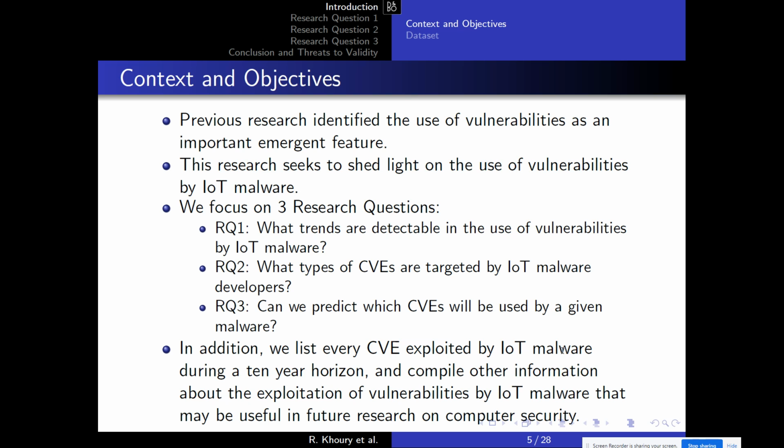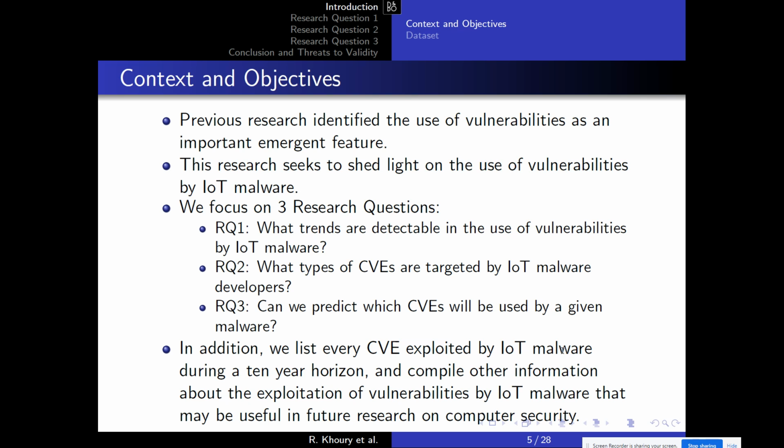In addition to answering these three research questions, another contribution of this paper is that we provide a lot of background information about the use of vulnerabilities by IoT malware. I'll introduce these as I go through the paper.